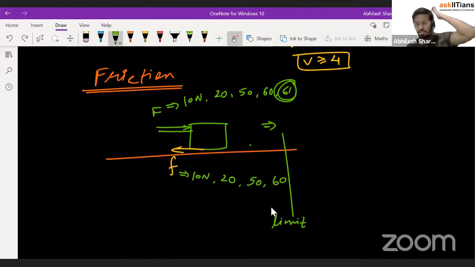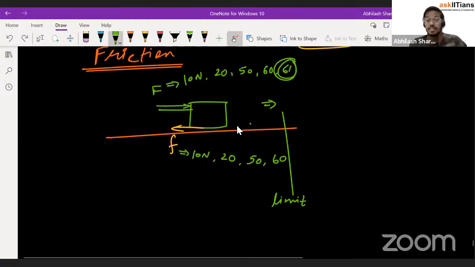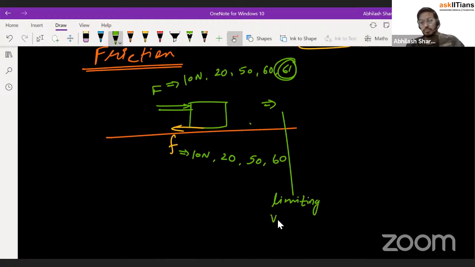Okay. Yes, right. So that's about friction. Friction just tries to oppose you as much as possible. All right. That's what it tries to do. Now, it implies friction has a limiting value because I told you that's the limit, right? It is called the limiting value of the friction.